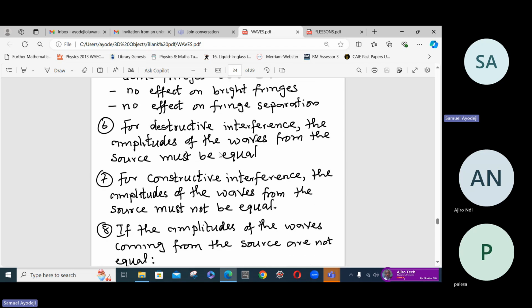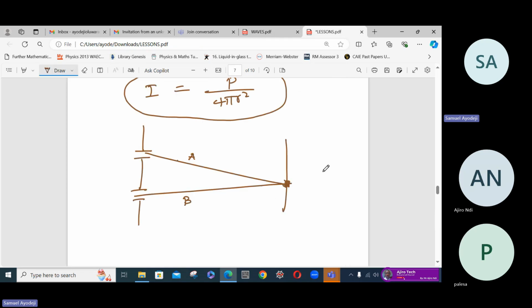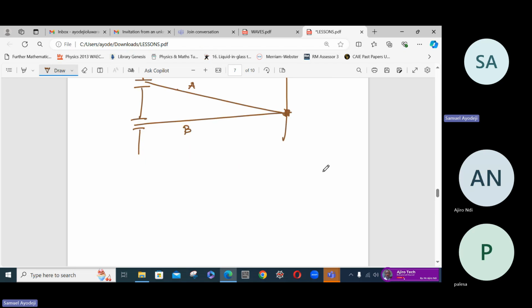Now, for destructive interference to occur, the amplitudes of the two waves from the source must be equal. We want to form destructive interference. Let me first note something here.